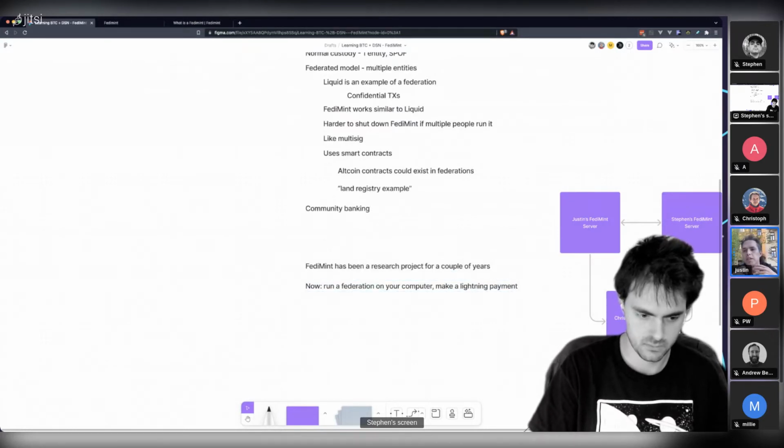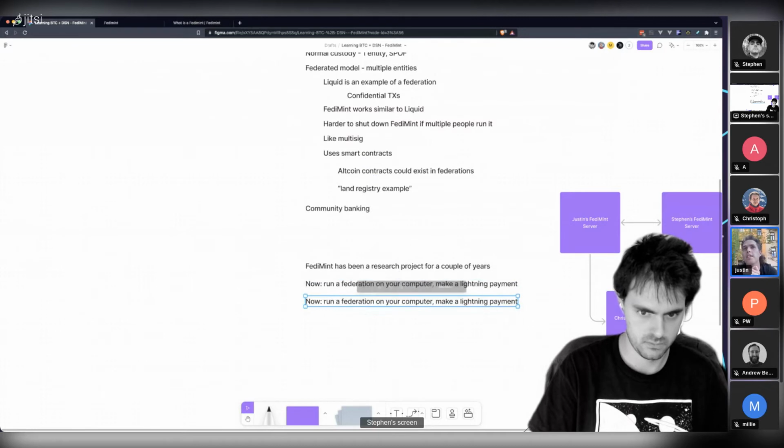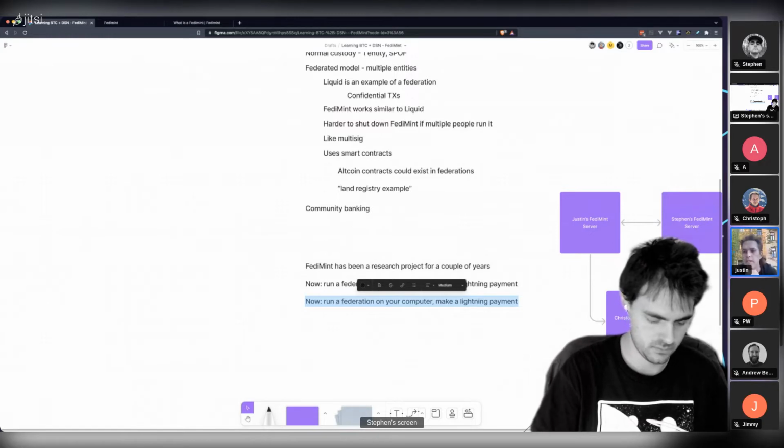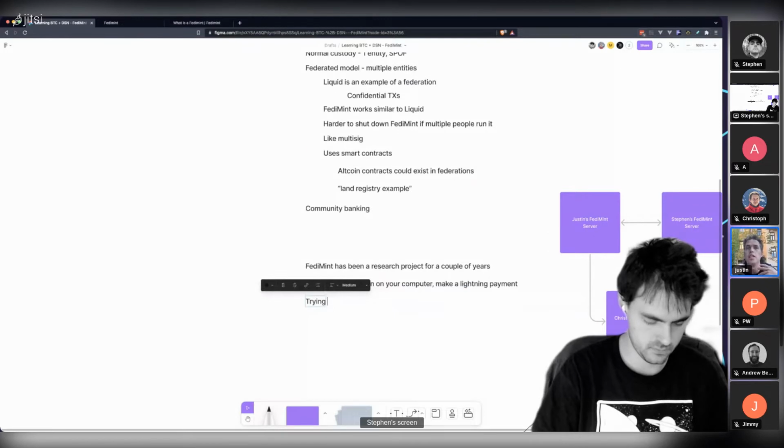We have a prototype mobile app that can send and receive Lightning, and we're trying to get our first deployment that can send and receive with fake Bitcoin, like Regtest or Signet. So it's getting to the point where it's usable, but definitely not on mainnet.